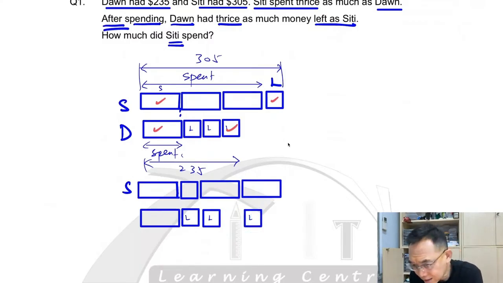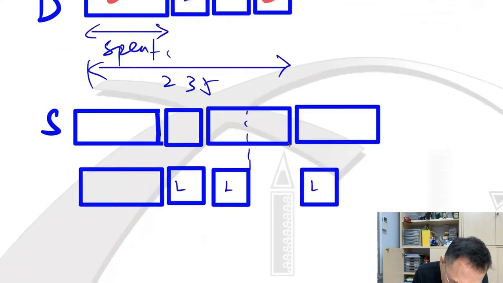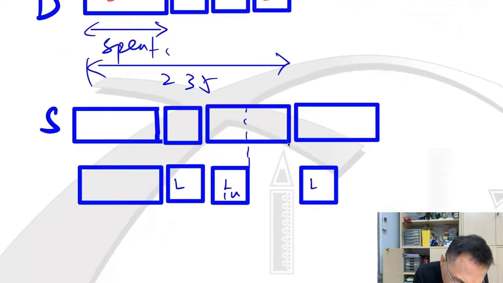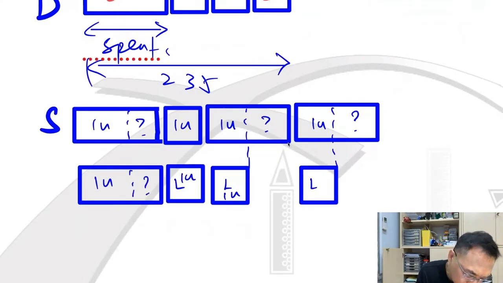If I do that, then I know that this amount is, if I call this left 1 unit, then this will be 1 unit plus something. This will also be 1 unit plus something. This will be 1 unit, this will be 1 unit, this will be 1 unit plus something, 1 unit plus something. And this will represent Don's model.